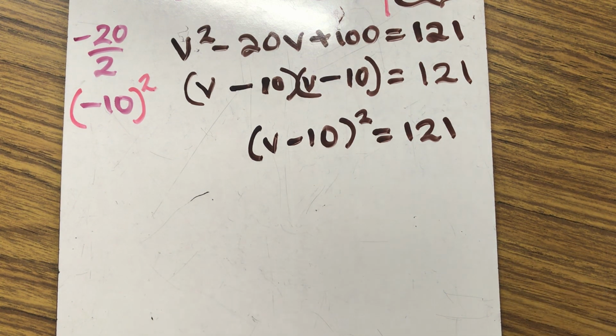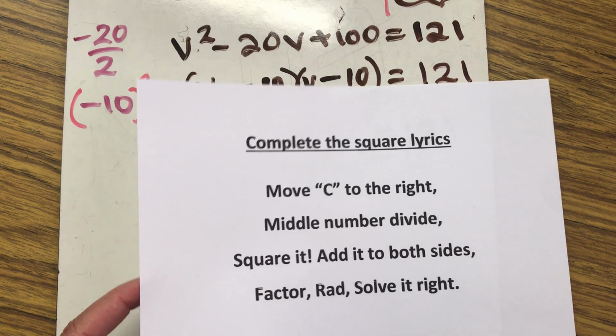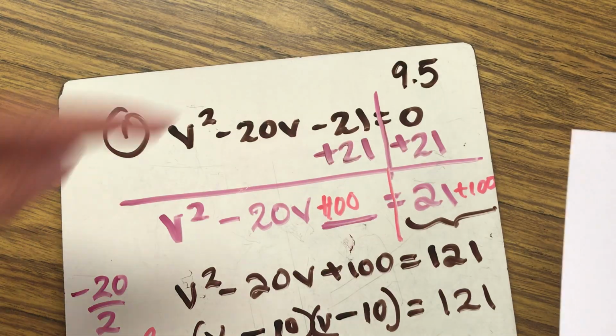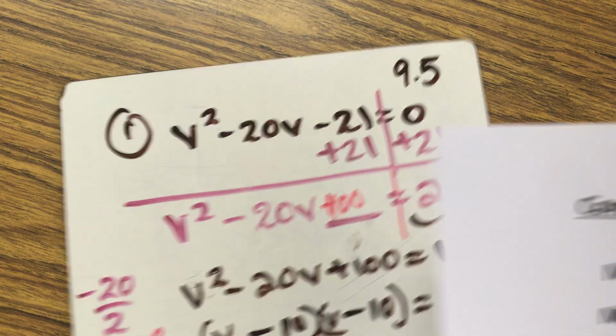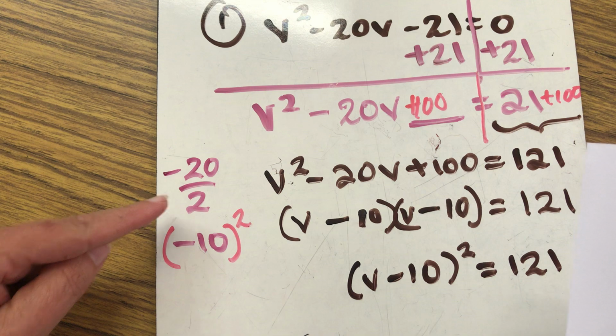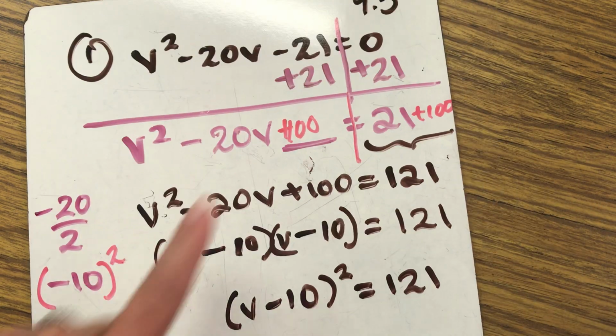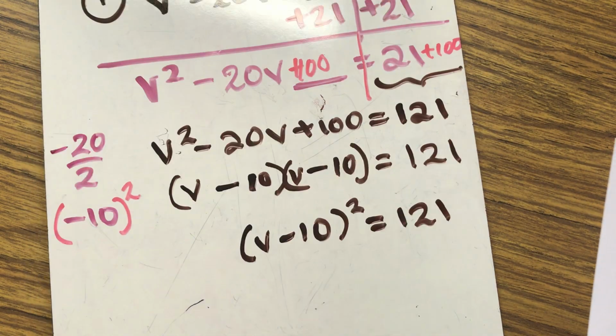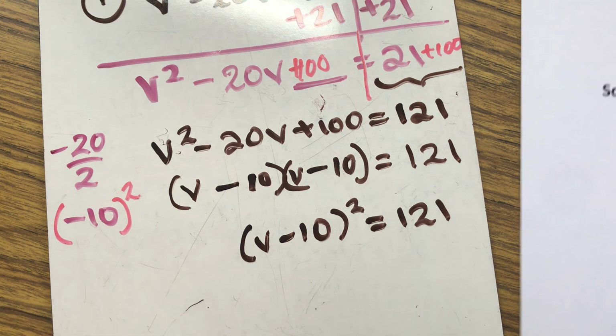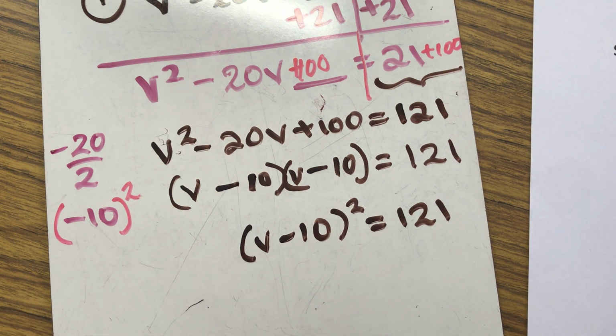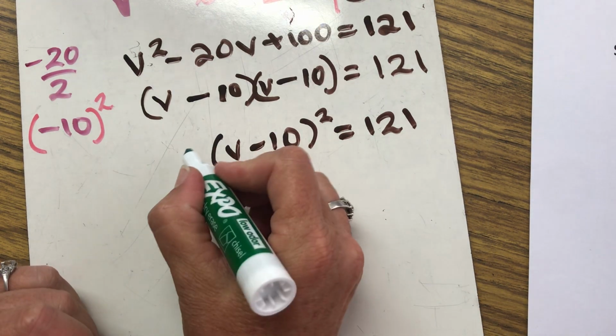Well, let's go back to our song. Move C to the right, middle number divide, square it, add that number to both sides, factor, yep, you got it, right, solve it right. Right now we need to take the square root of both sides.